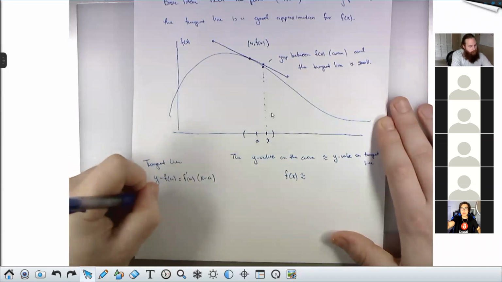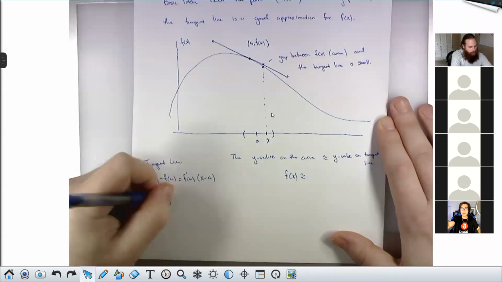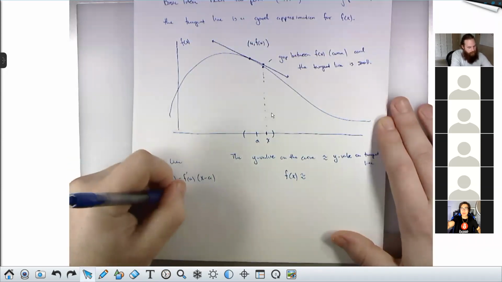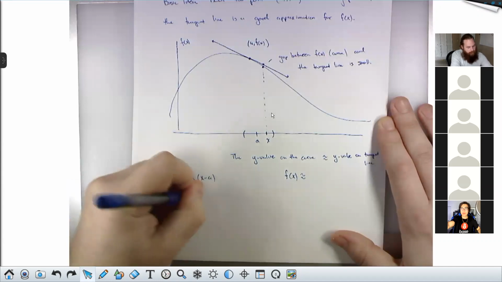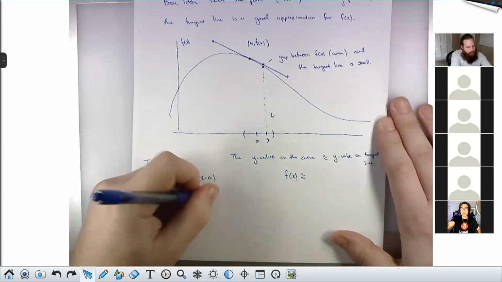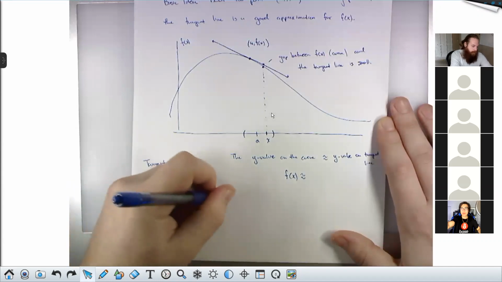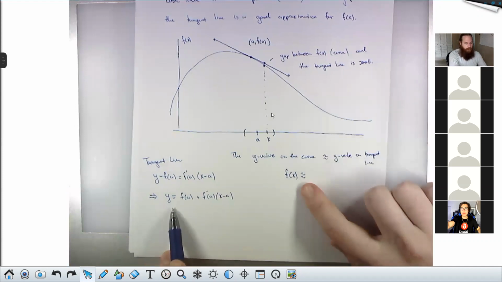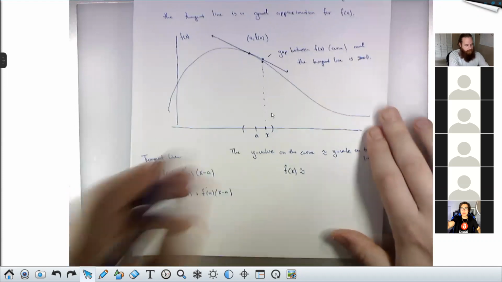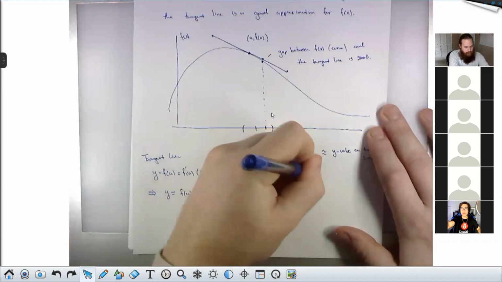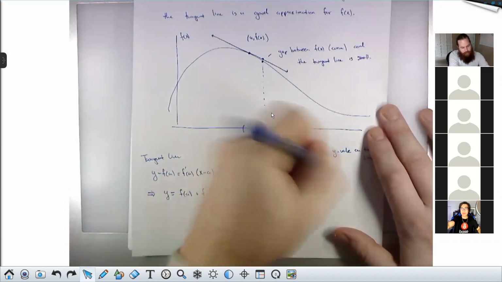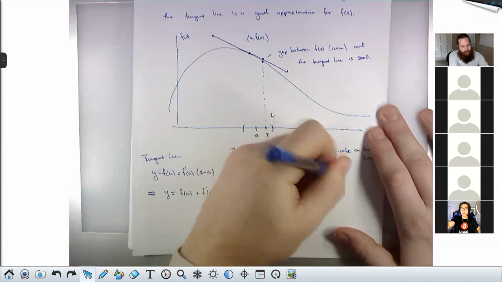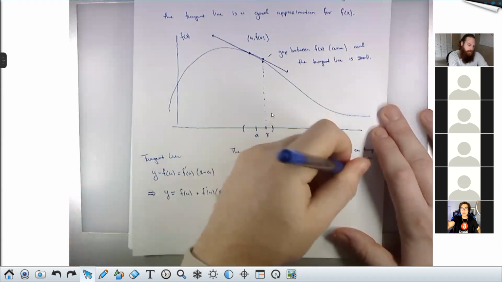So you can solve this for y. y equals f of a plus f primed of a times x minus a. So the y value here should be very, very close to the y value there. In other words, f of x is approximately f of a plus f primed of a times x minus a.